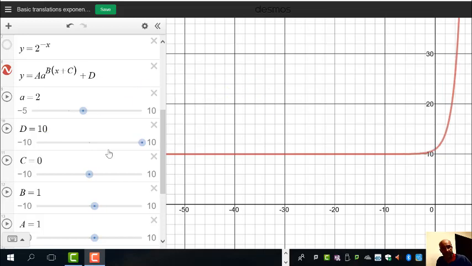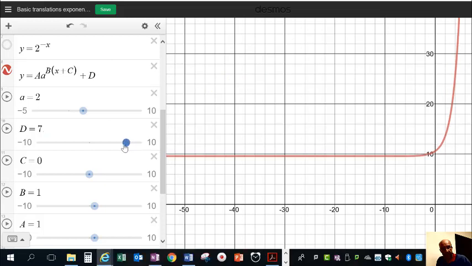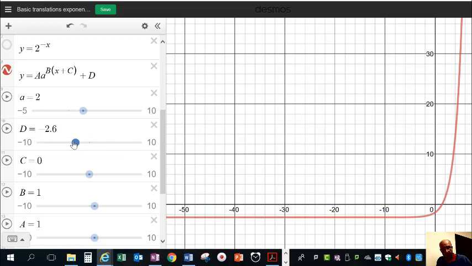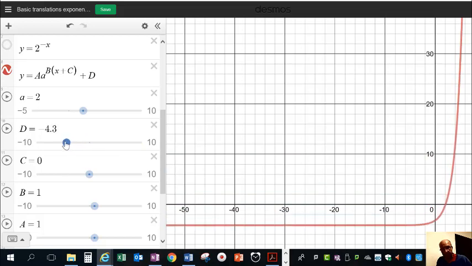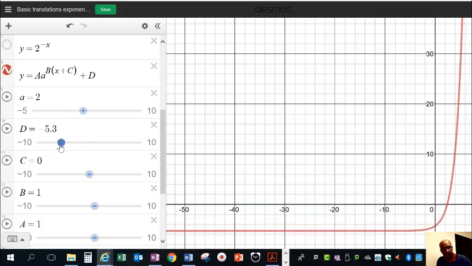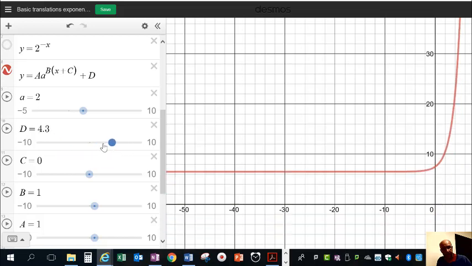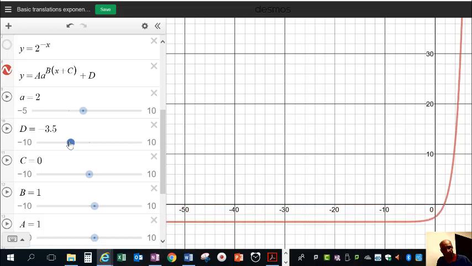So we can see that d is a vertical translation. If d goes below 0, the asymptote is y equals negative something, and it moves down. Increasing d translates the curve up, reducing it moves it down.